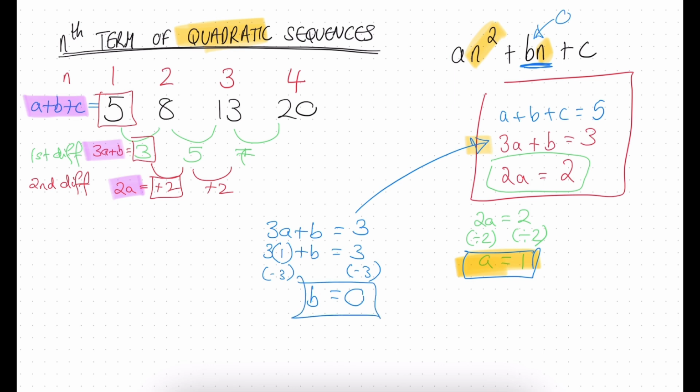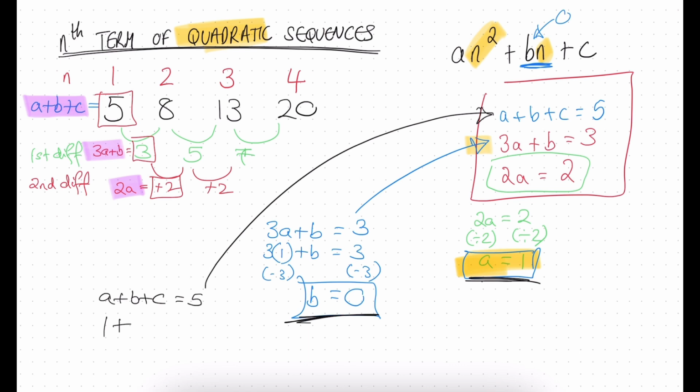So now we can substitute that into this one, a plus b plus c equals 5. We know from here that a equals 1, so we can just write 1 underneath the a. We know from here that b equals 0, so it's 1 plus 0 plus c equals 5.